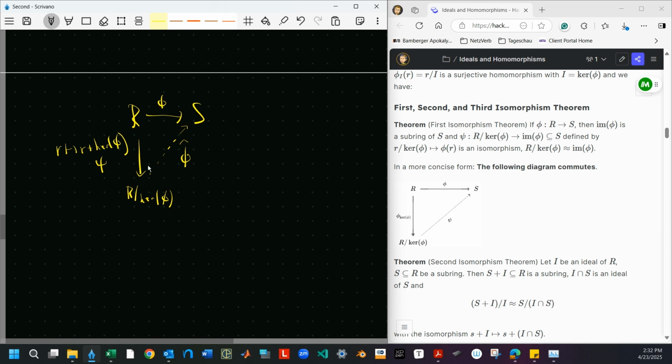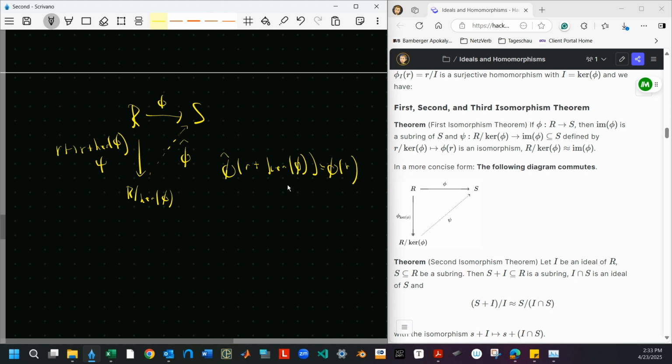Okay. And how does phi hat work? So phi hat of something here, which is like r plus kernel phi, is going to be phi of r, right? Like that. So that's the way the map will work.